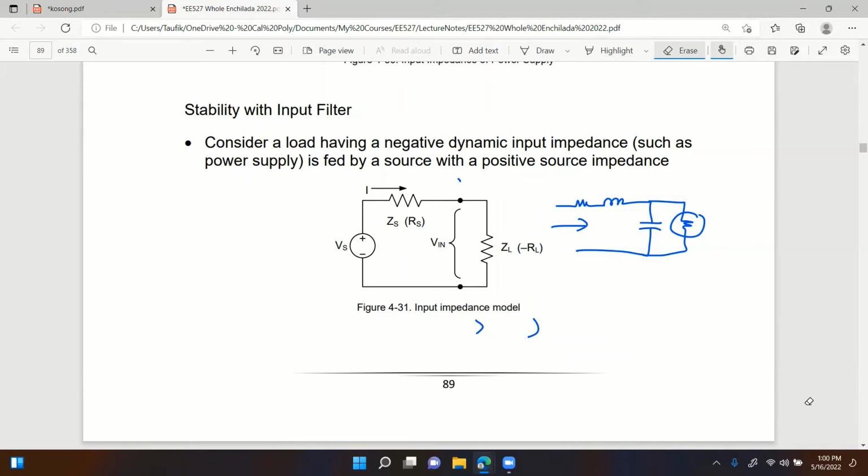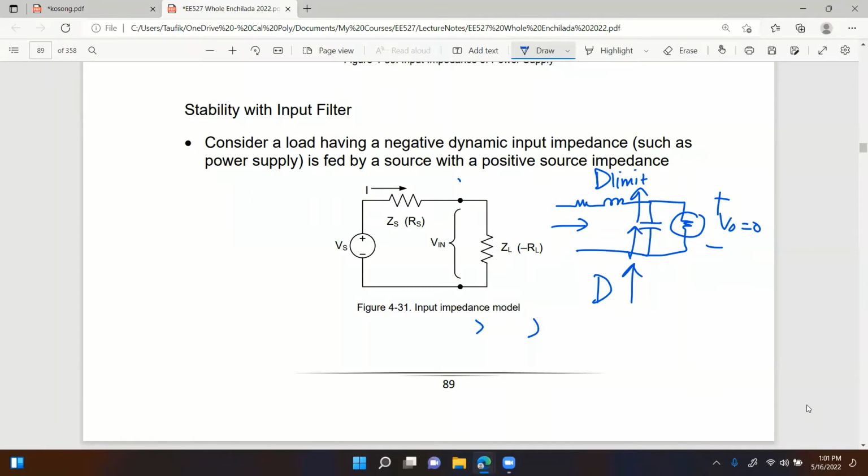Just a single event of decreasing Vs gives continuous decreasing of Vin, to the point that the actual output voltage becomes zero, right? Because the power supply gives up. Because the input voltage keeps decreasing, the duty cycle has to go up higher and higher until it reaches the limit.